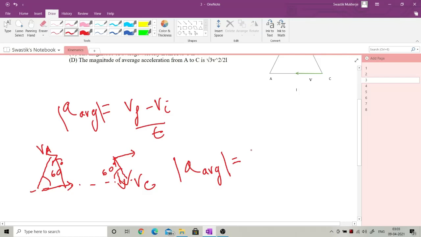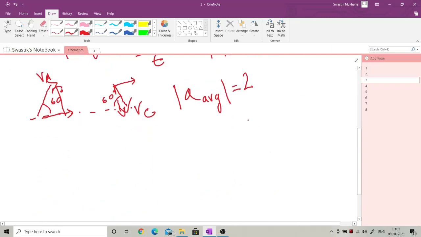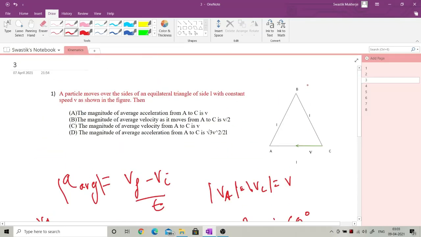So mod of A average is 2 times mod of VA equals mod of VC equals V, because it's moving with the constant velocity V, so 2V sine theta, which is 60 degrees, by the time taken.